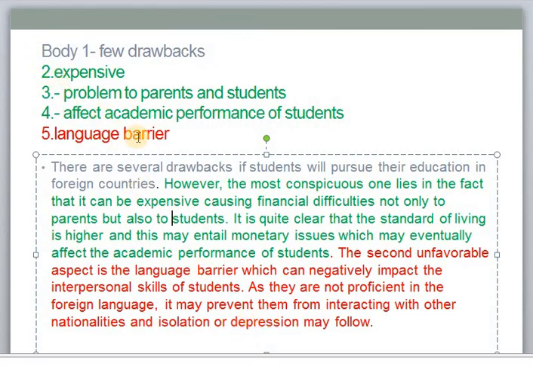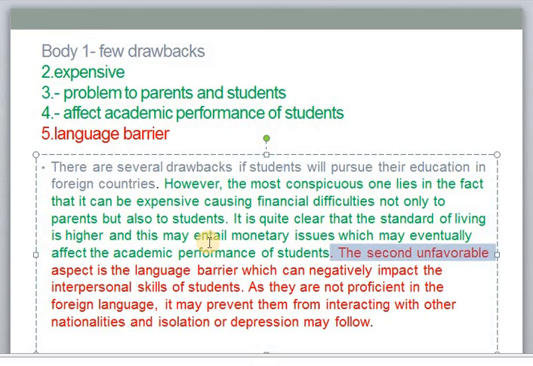So try to number your ideas. Now, instead of using firstly, secondly, finally, try to use these natural connectives or connectors. The second unfavorable aspect, right? The first disadvantage, it sounds more natural. If you use firstly, secondly, finally, they sound too mechanical and unnatural.